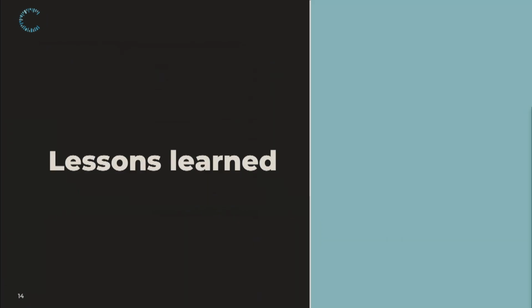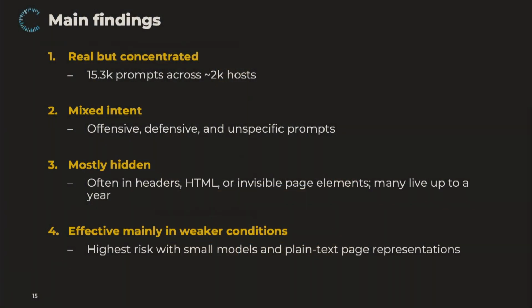Very well. What is the lesson that we have learned? Of course, we had research questions that we can answer all of them. For example, those 15,000 prompts over 2,000 hosts signal that something real is happening, but it's mostly concentrated on 2,000 hosts over the almost 30 millions that we had in input.